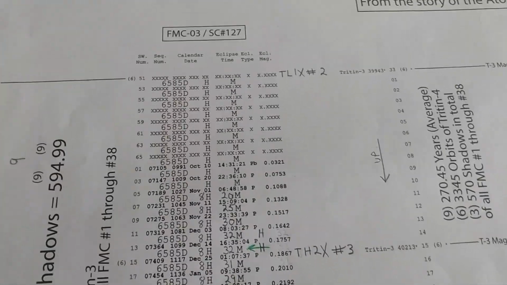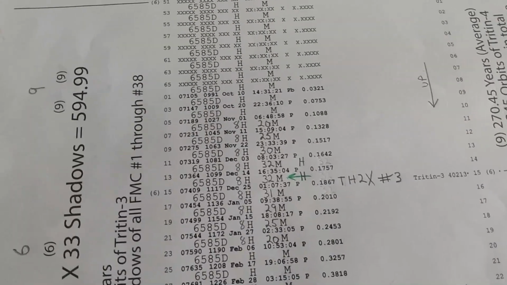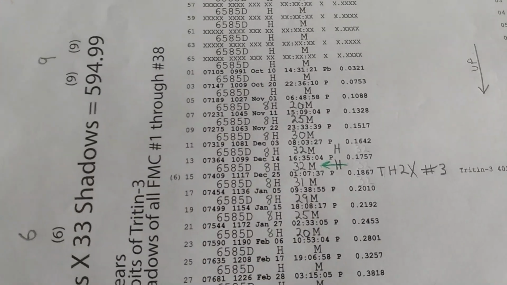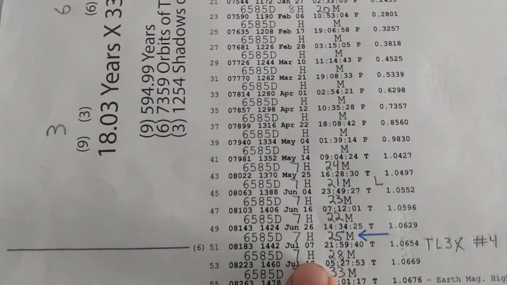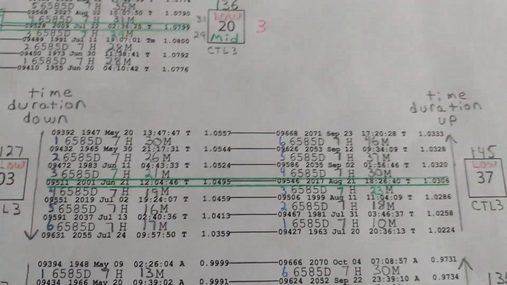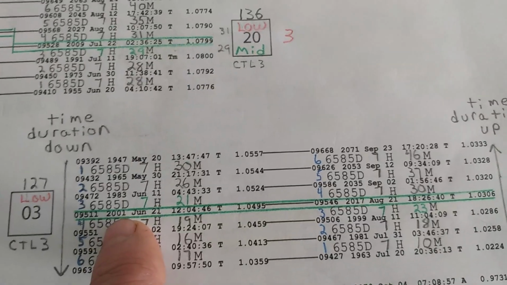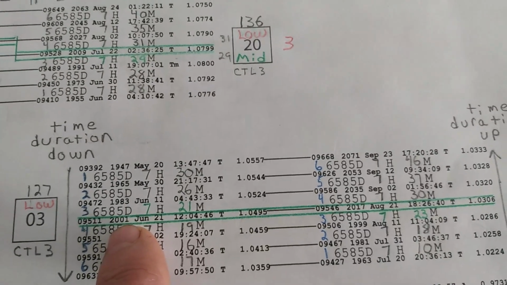This is where they go from their highest point in their time duration, and then they move to a low in their time duration. So I do want to point out right here, on this 0337, you can see the June 2001.